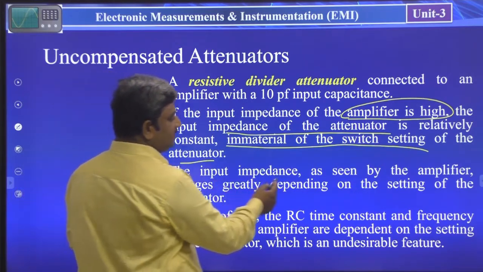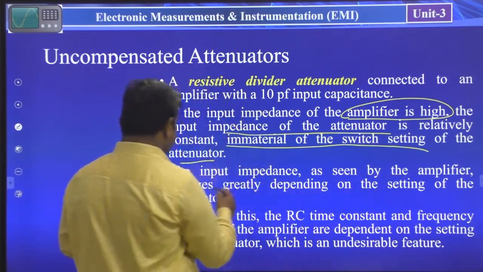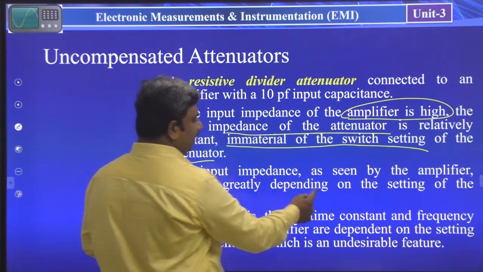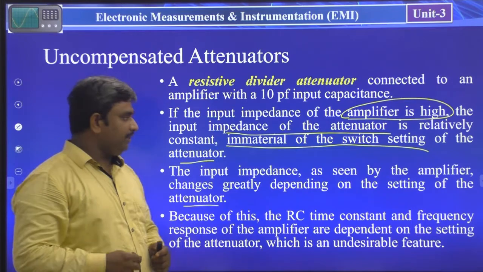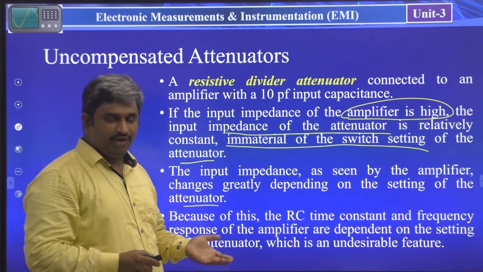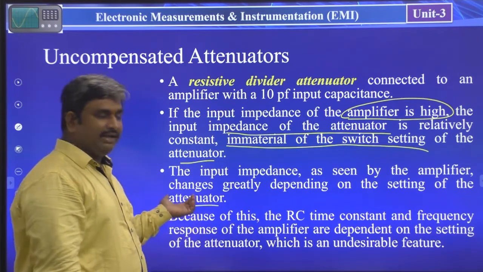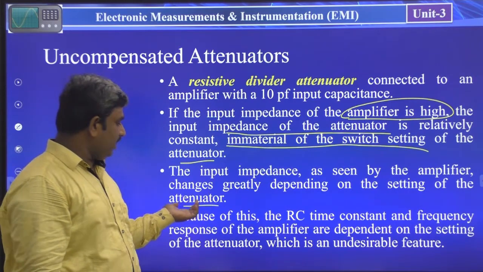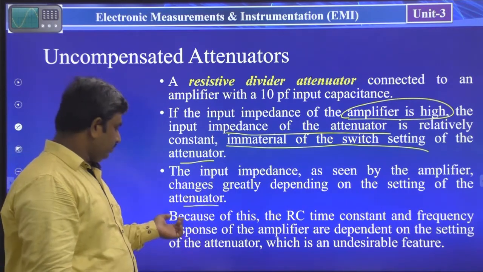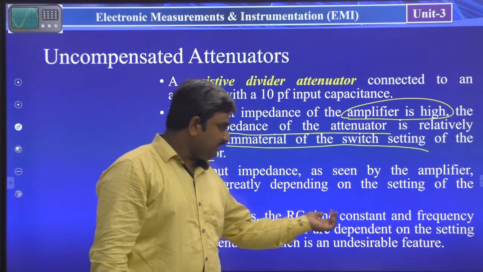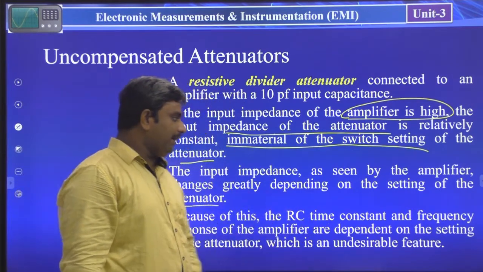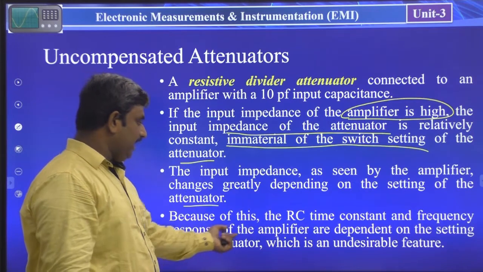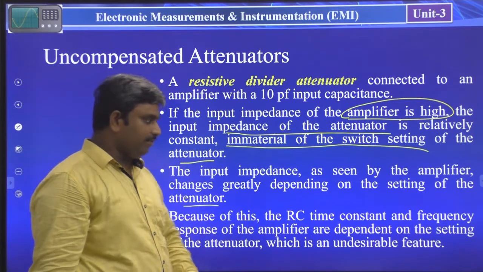The input impedance as seen by the amplifier changes greatly depending on the setting of the attenuator. So the input impedance seen by the amplifier can be made constant by perfect design of the attenuator circuit. Because of this, the RC time constant and frequency response of the amplifier are dependent on the setting of the attenuator, which is an undesirable feature.